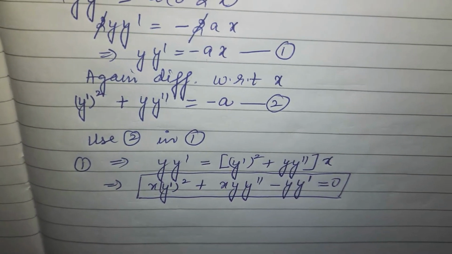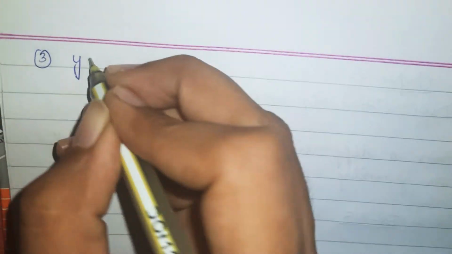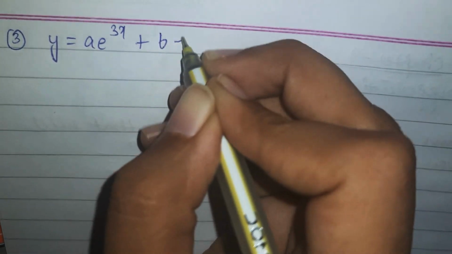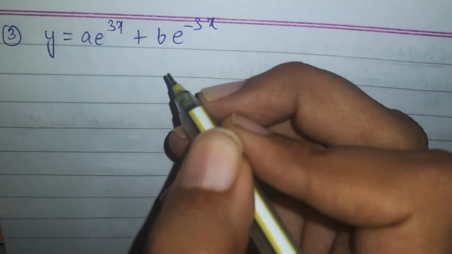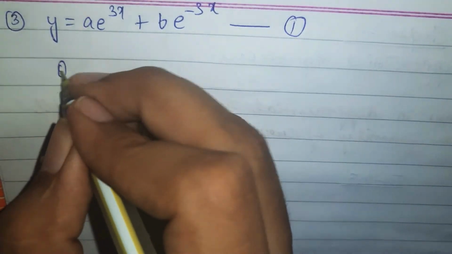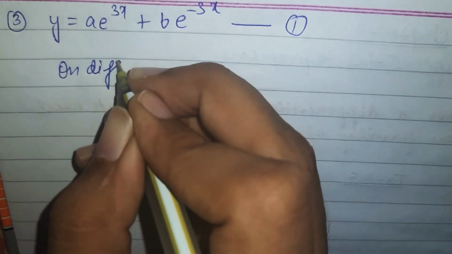Now come to question number 3. In question number 3, we have y is equivalent to a e raised to the power 3x plus b e raised to the power minus 3x. So firstly mark it as equation 1. On differentiation, what am I getting?